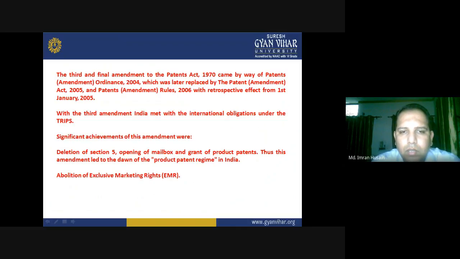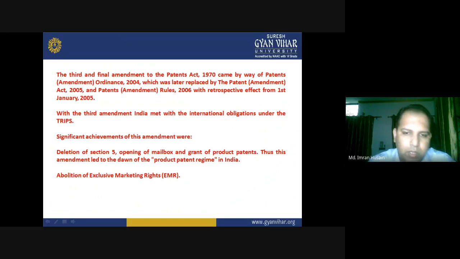With the Third Amendment, India met its international obligations under TRIPS. Significant achievements of this amendment were the deletion of Section 5, the opening of the mailbox, and the grant of product patents. Thus, this amendment led to the dawn of the product patent regime in India.